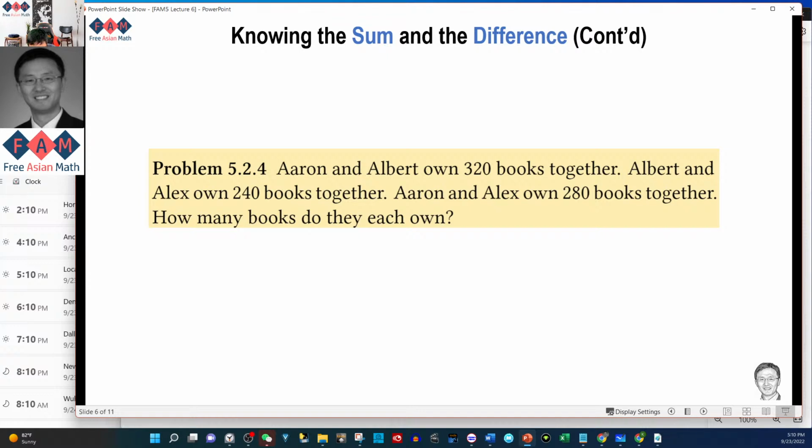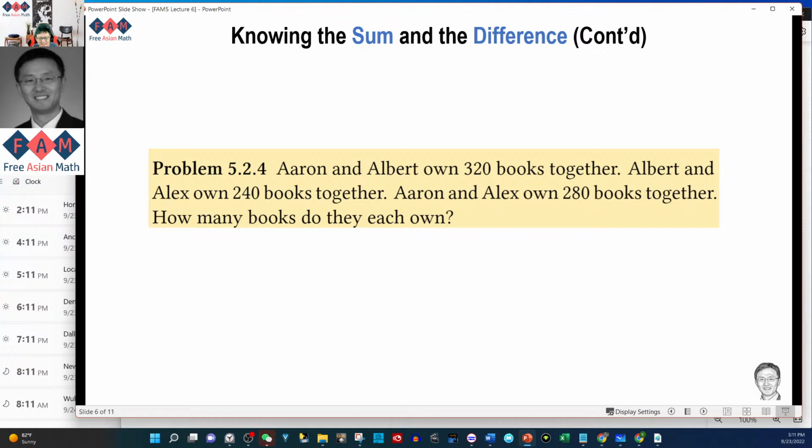So, Albert and Alex own 240 books together. But Aaron and Alex own 280 books together. So, we got a quite interesting rotational combination of the three guys. We got three sets of numbers. How many books do they each own? Well, how do we do this?